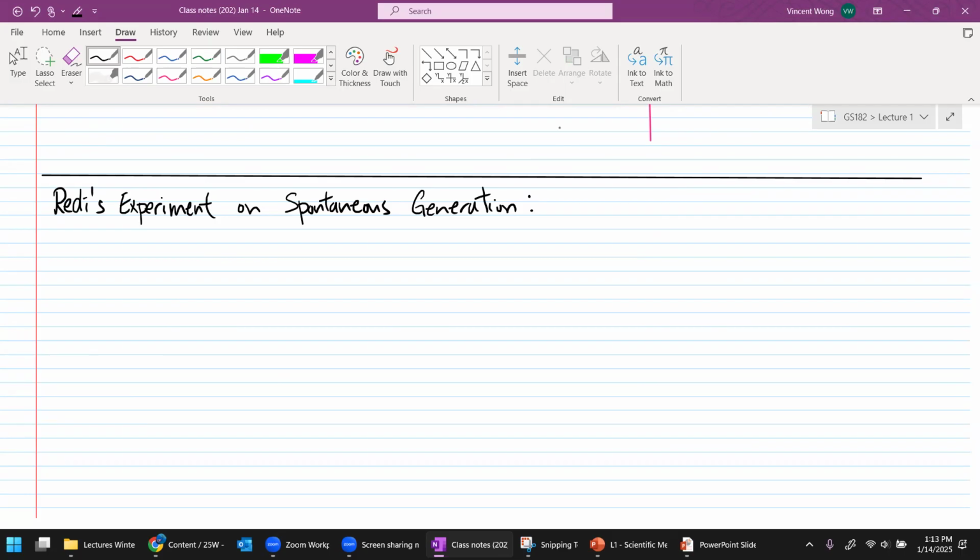He's going to do an experiment to see whether or not it is correct. Okay, so this is how his experiment went, some version of it. Okay, there's a jar. And he put a piece of meat in the jar.